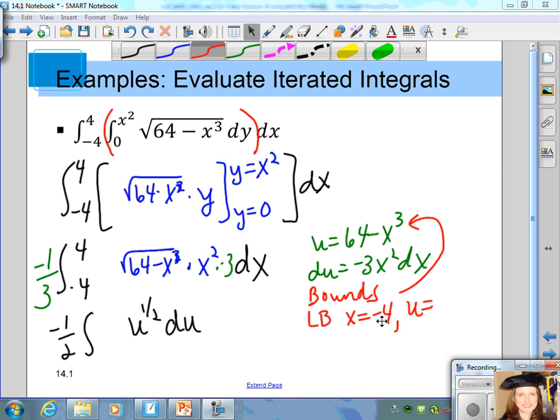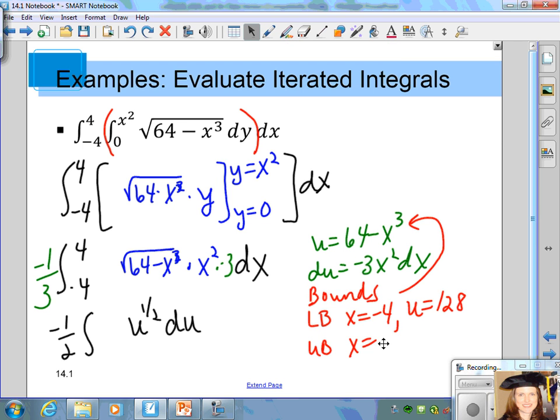So when you plug x equals -4 into 64 minus the quantity -4 to the 3rd power, you get your lower bound is 128.